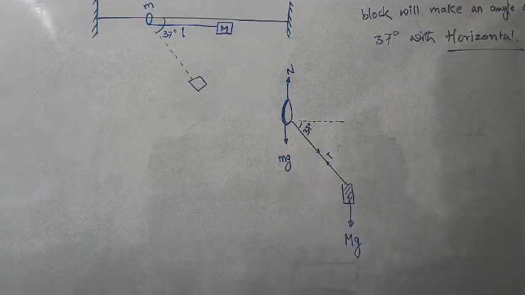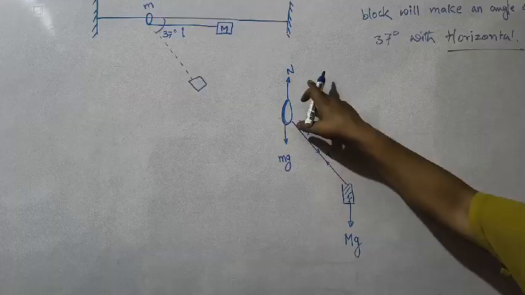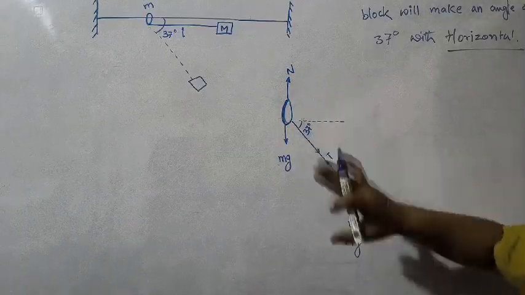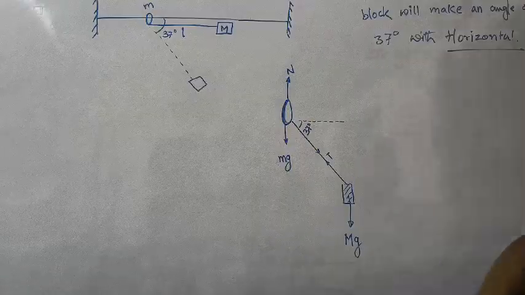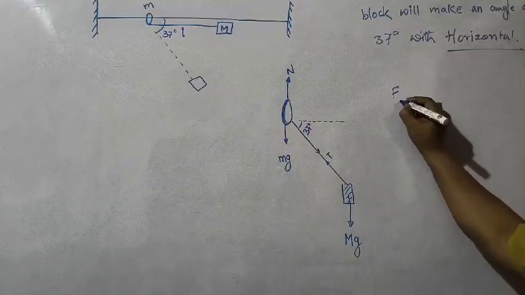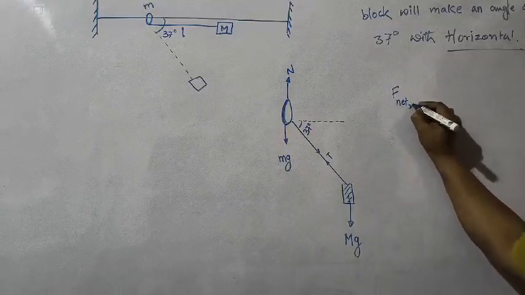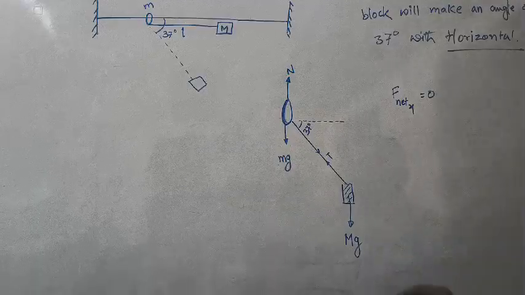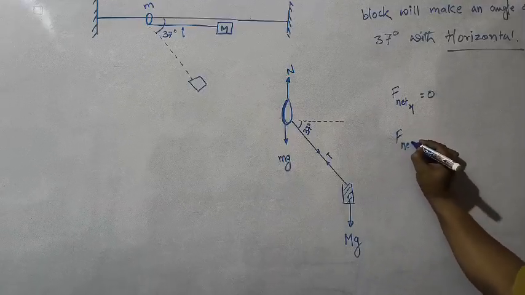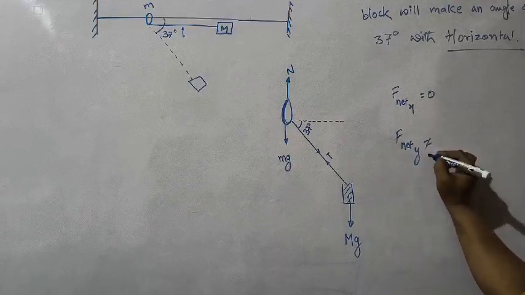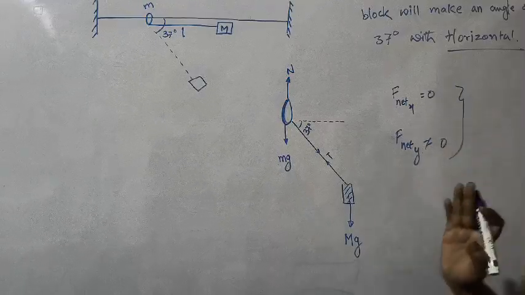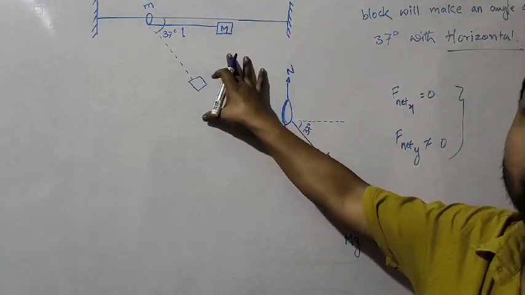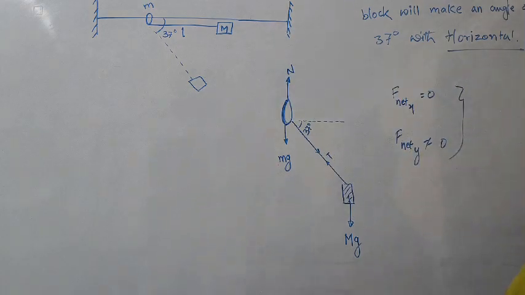Here clearly what we can see, there are forces along x direction and y direction, but there is no net force in x direction. So what I can write here also, that F net in x direction is 0, but F net in y direction is not equal to 0. Okay, so this was the basic concept that we have to find out from this question by drawing the free body diagram.